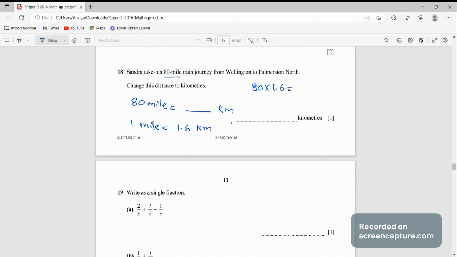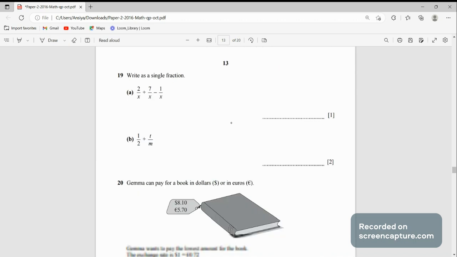It's a paper 2 exam, so you can use a calculator. 80 multiply 1.6 is 128.7 kilometer. Okay, actually it is not exactly 1.6, there are more digits, it's actually 1.60934 kilometer, but we normally say 1 mile means 1.6 kilometer, so remember that much at least. Okay, and that's a 1 mark question, unit conversion.